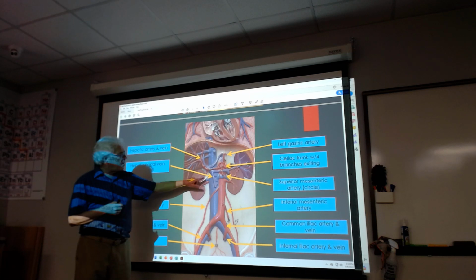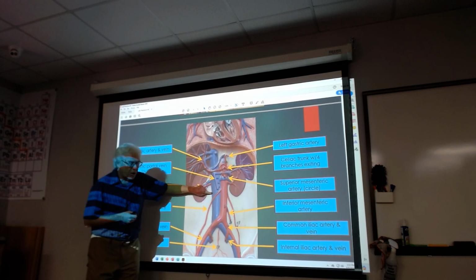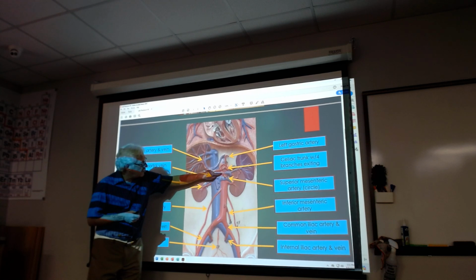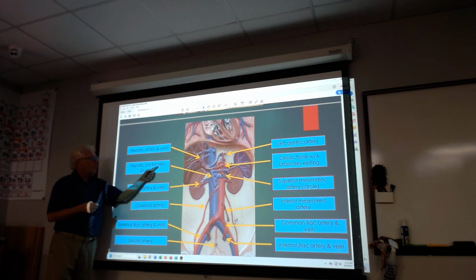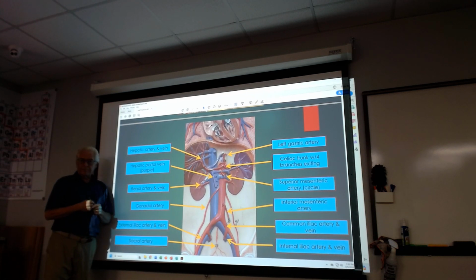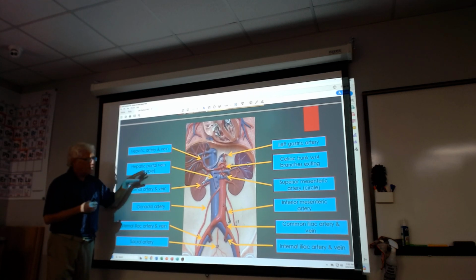Okay? Now, what about all this that looks kind of purplish? See how it's a different color than the aorta, than the vena cava? That's because all of this is part of the hepatic portal system. That's why they always make it purple on the plastic models.